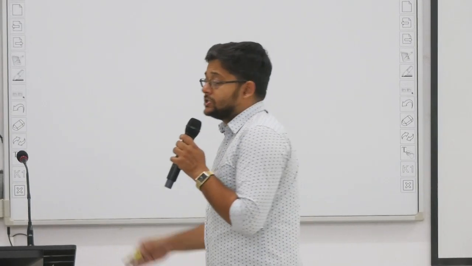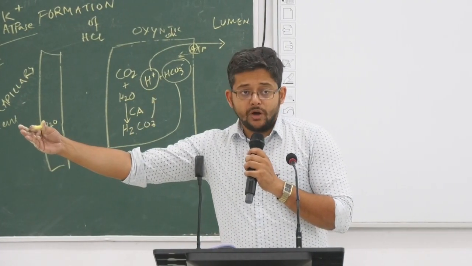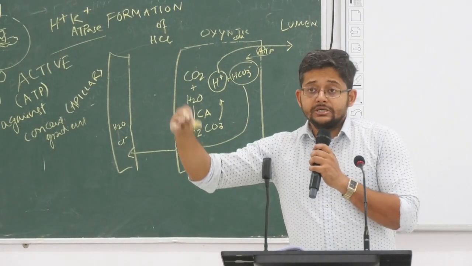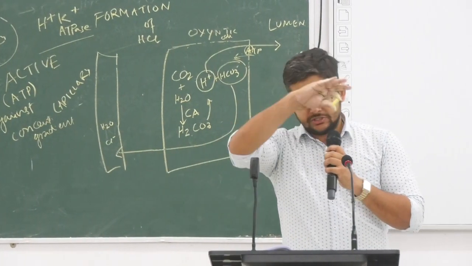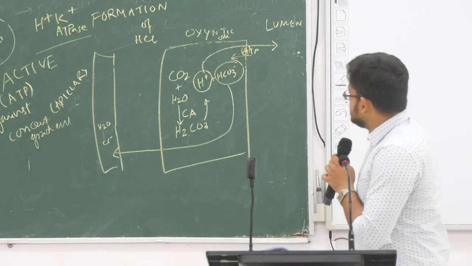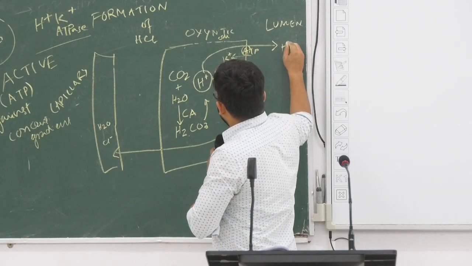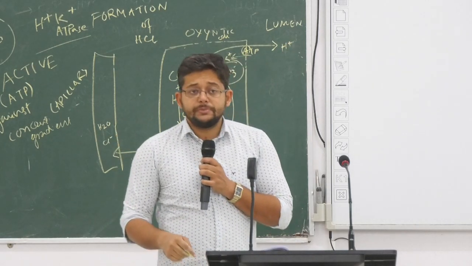Active transports are meant to kick any molecule out of the cell or inside the cell, whichever direction, against the concentration gradient. Clear? So with this H plus K plus ATPase, the H plus ion is going outside and potassium is entering inside.